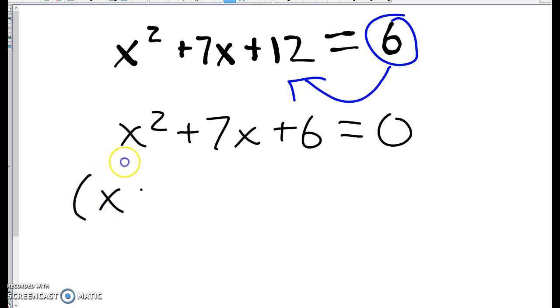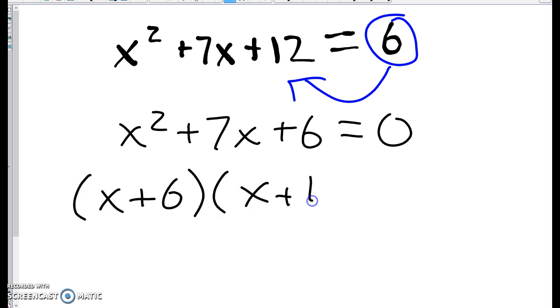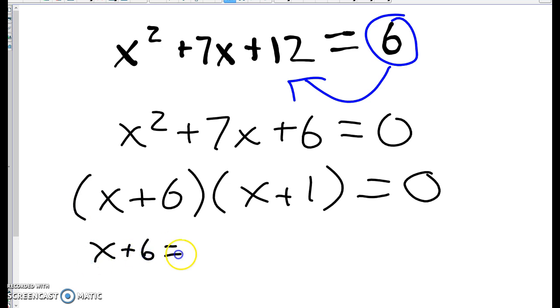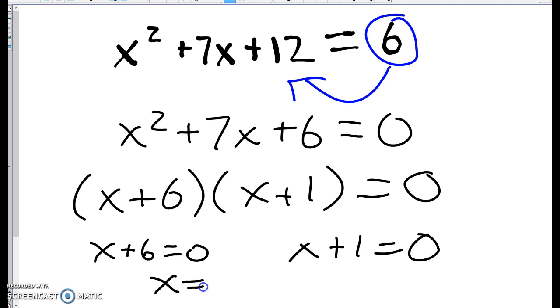So we get (x plus 6)(x plus 1) equals 0. And that gives us, again, either x plus 6 equals 0 or x plus 1 equals 0. So x equals -6 or x equals -1.